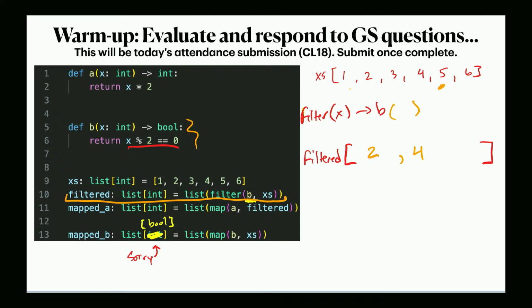So this is the definition of how the built-in filter function works. Not on my laptop, I would otherwise pull it up. We looked at an implementation of this function a few lectures ago.